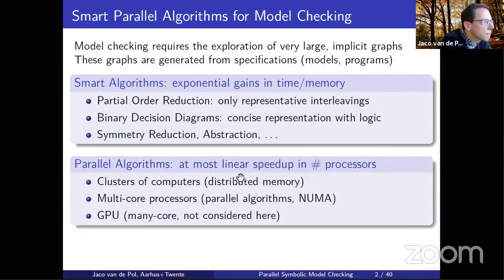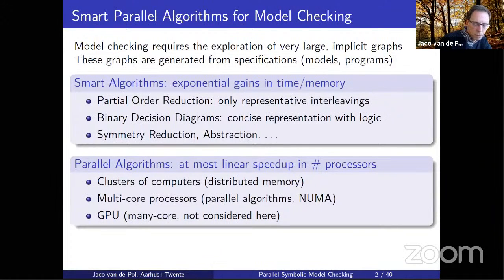So why bother? Well, I think it's still important because even if it's only a linear speedup, if you use, for instance, 4,000 processors, your verification job goes down from a day to a second or so, or from an hour to a second. So these speedups do actually matter.